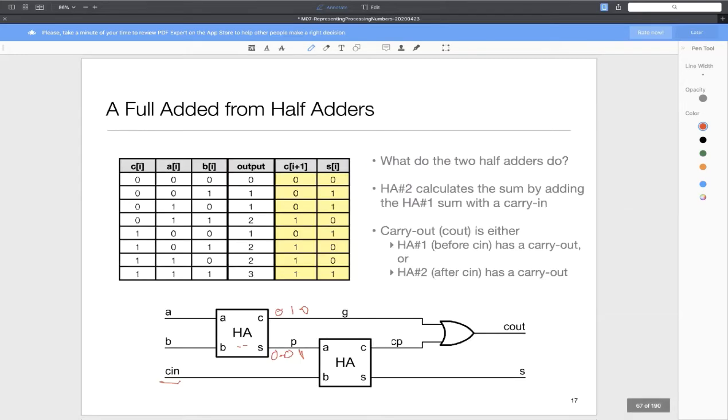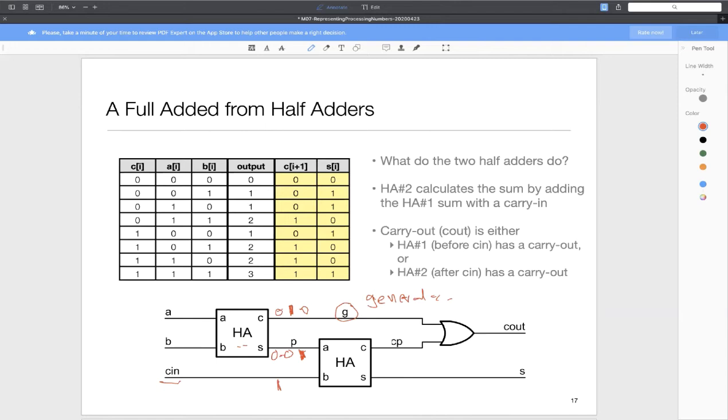Okay. So there are 3 possibilities for this half adder. In one case, it can generate a carry, and that's why we call this thing G for generate. In another case, it can have some bit as 1, which says that if carry in is also 1, then I'm going to get a carry out from here.